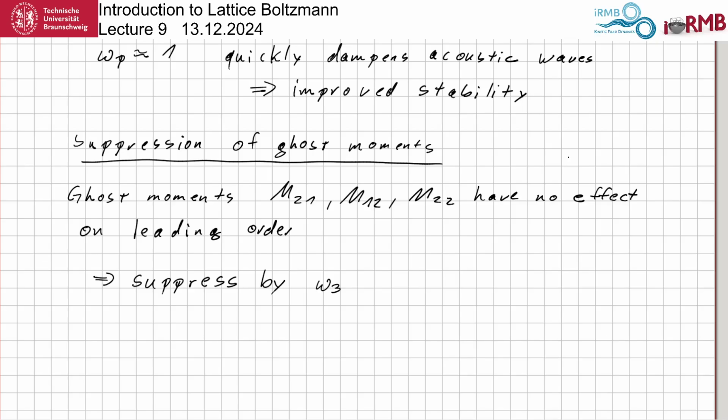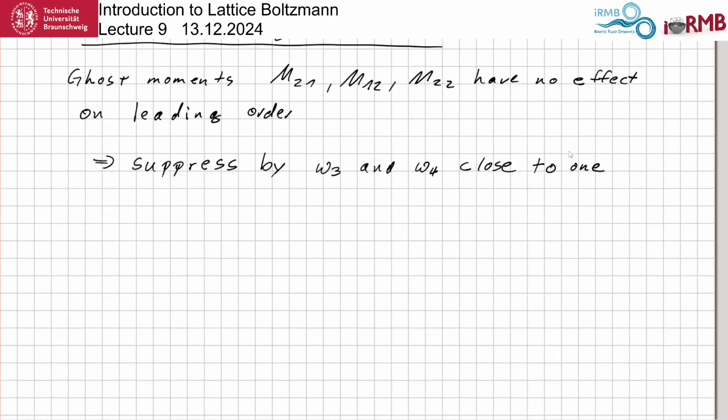But let's say we could have the idea that we suppress these things by increasing their diffusion, by putting these values again close to 1. I mean, away from 2, and also away from 0, usually. So that's part of the idea, and then there is a little bit of an addition that we come to in a minute.